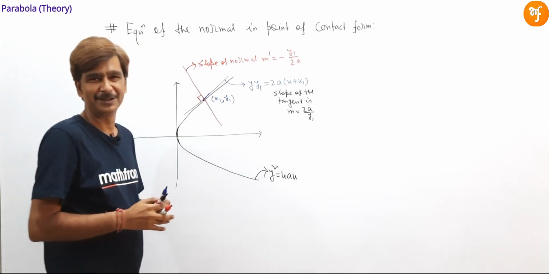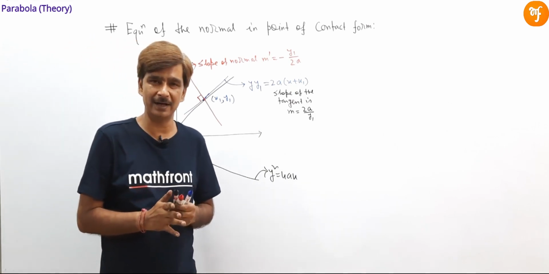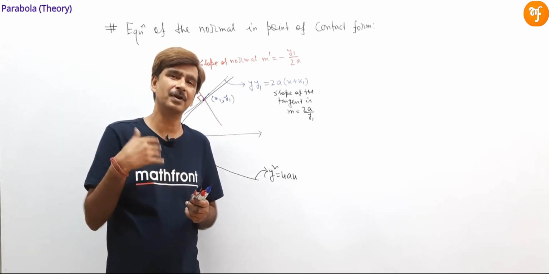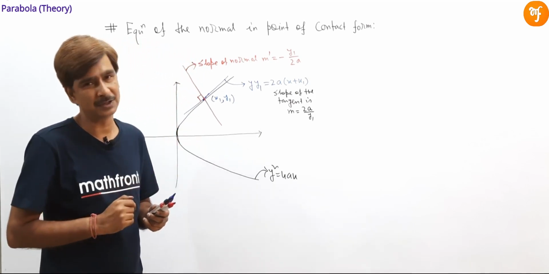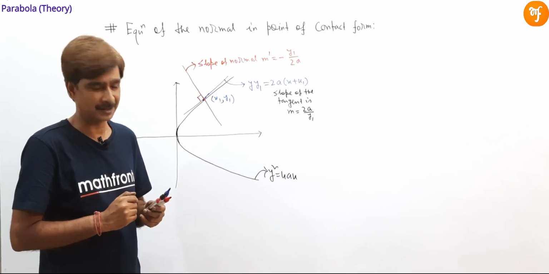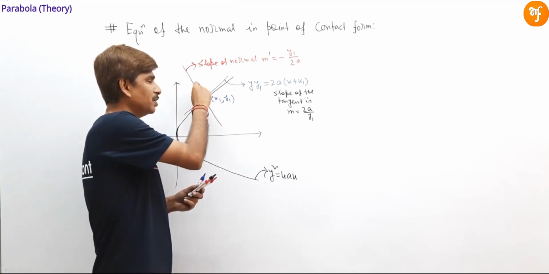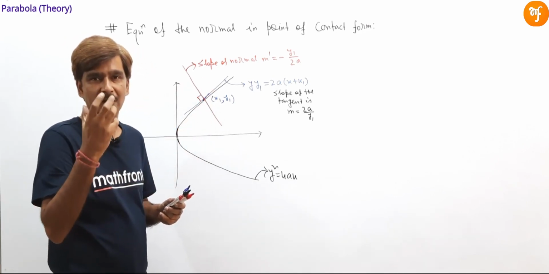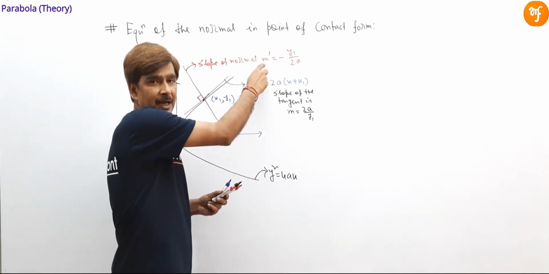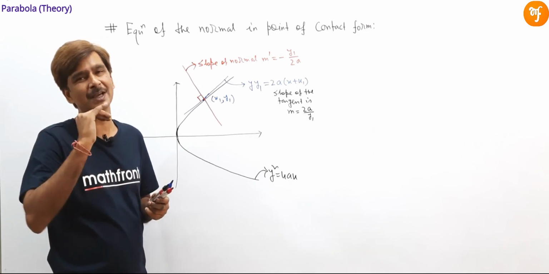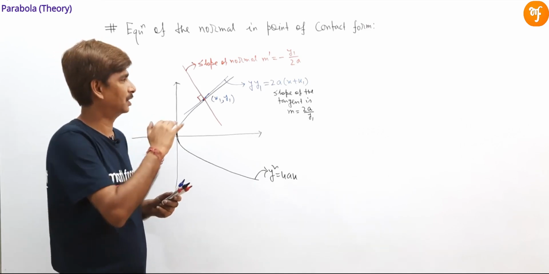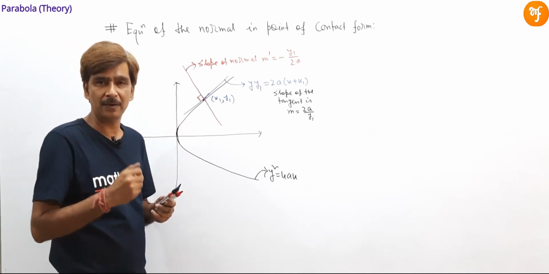Is it? So in terms of y1, we get the slope of normal drawn at the point x1, y1 to the parabola y square is equal to 4ax. Is it? Now to get the equation of this normal, we already have the slope and the point through which the normal is passing. So we can find the equation of the normal in point slope form.